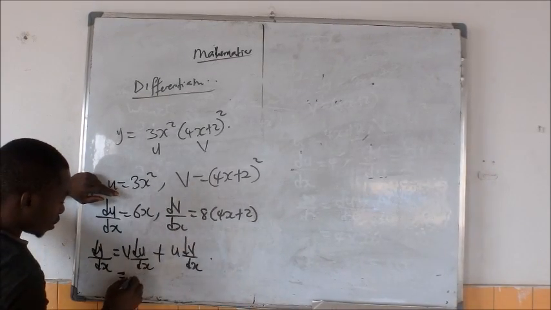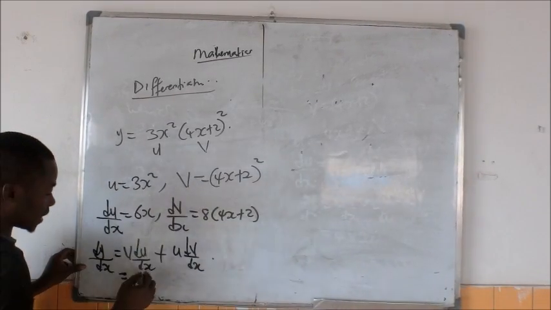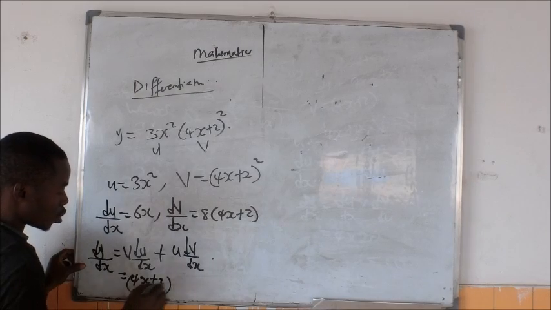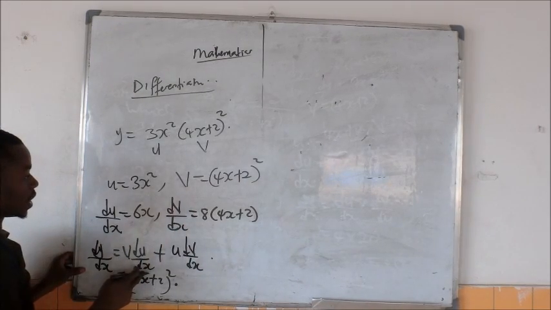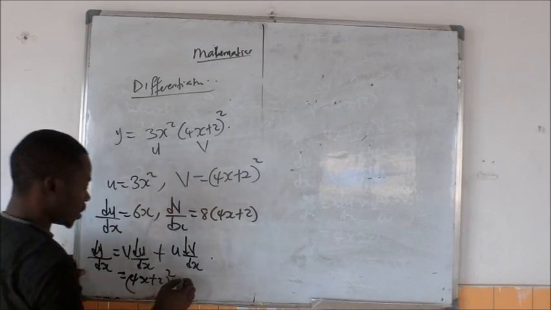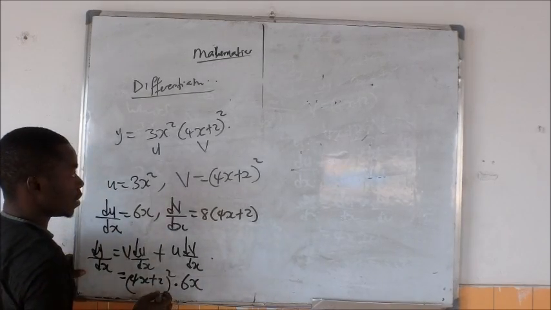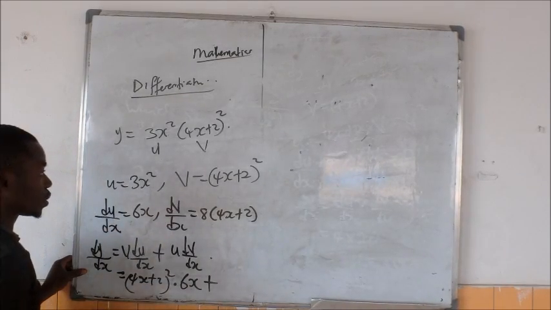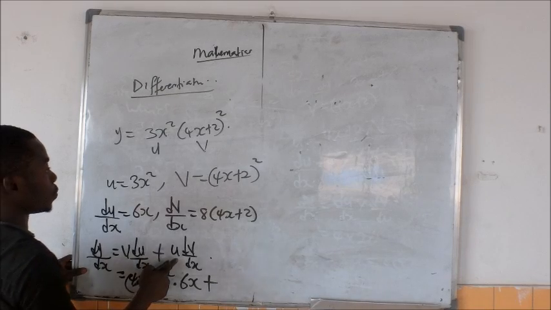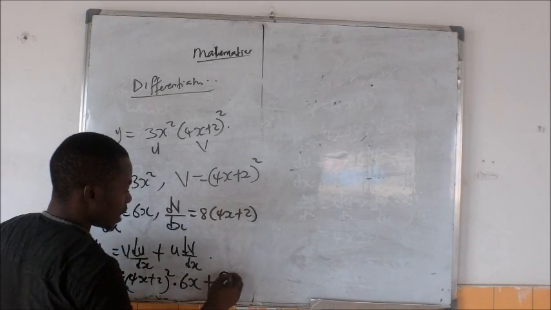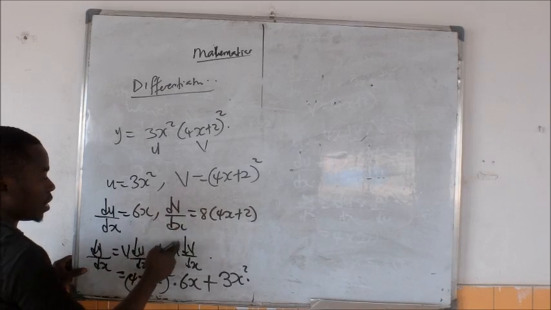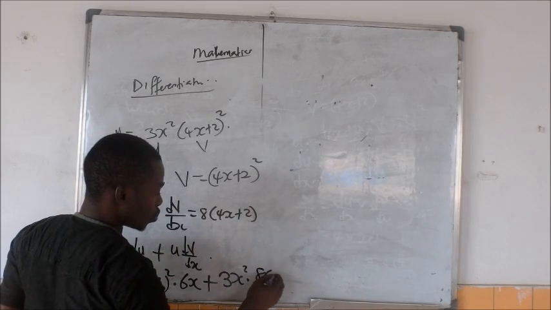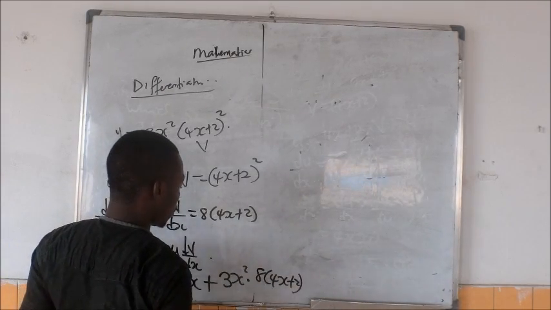Your v is (4x + 2) squared. What's your du dx? Du dx is 6x. Plus, what's your u? 3x squared. Okay, what's your dv dx? The dv dx is now 8 into (4x + 2).